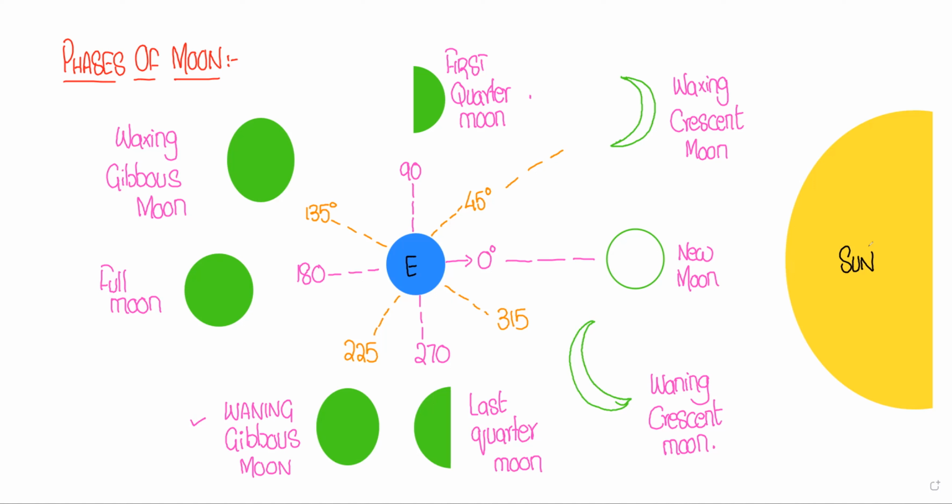And if we consider the full phase of the moon, in the full phase now Earth is in between the full moon and the sun, right? That is 180 degrees. If we consider the 180-degree concept, at the full phase the Earth is in between the sun and the full moon.